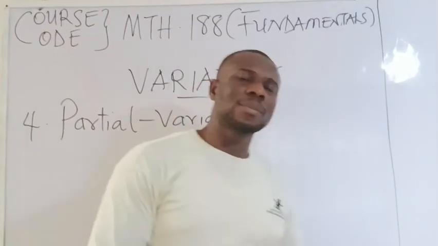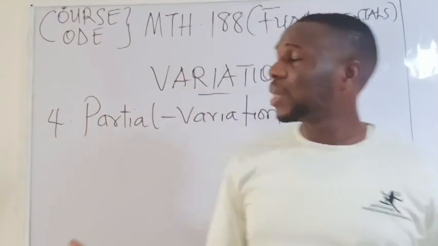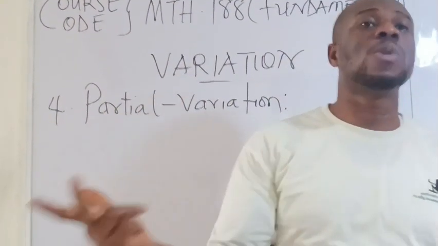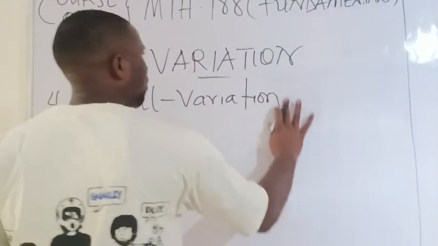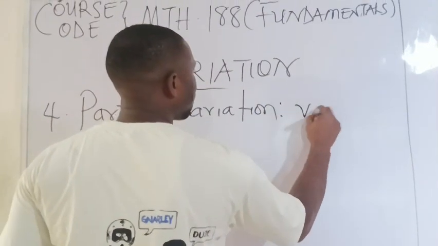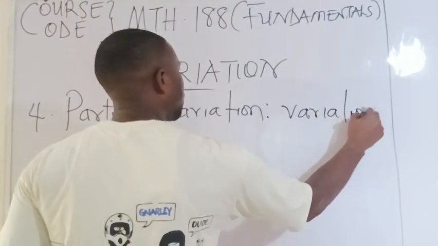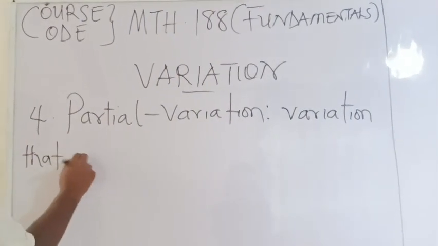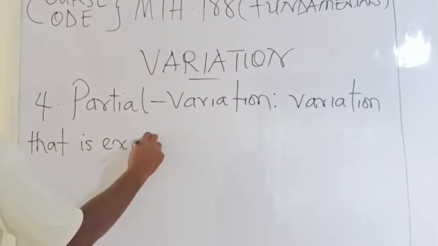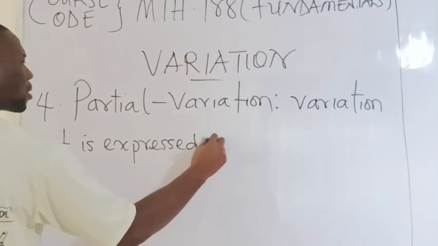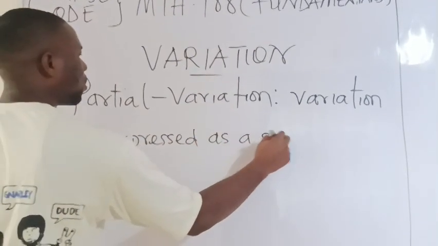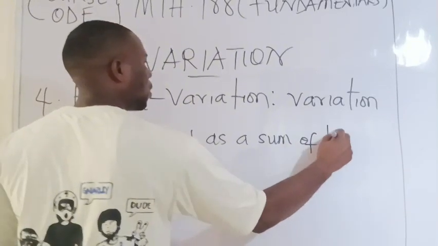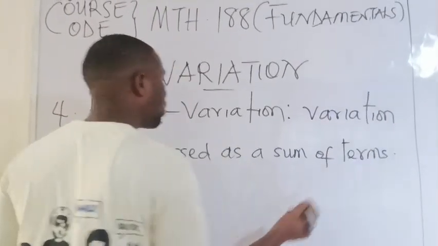It is simply any variation that is expressed as a sum of terms. All right, so let me give an example.